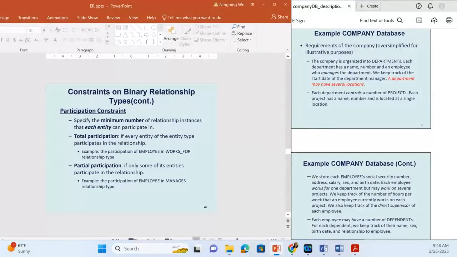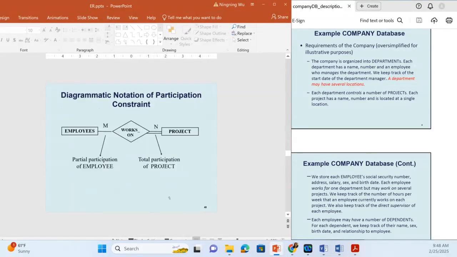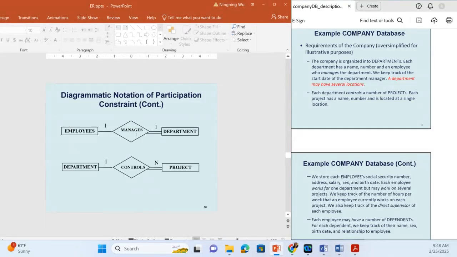If the minimum number is 0, that corresponds to partial participation. If the minimum number is 1, that means every entity must participate in that relationship type, so the participation will be total.